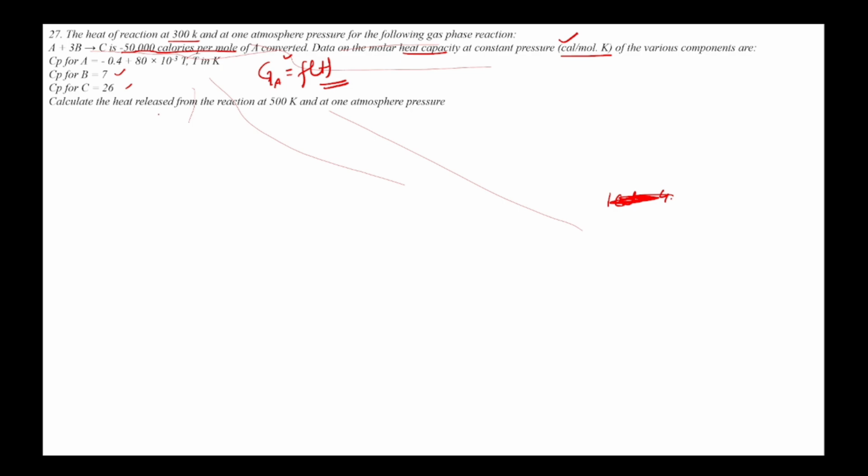Calculate the heat released. So we have to find the heat released from the reaction at 500 Kelvin at 1 atmosphere pressure. Very first thing, calculate the heat released from the reaction at 500 Kelvin. We have this equation.